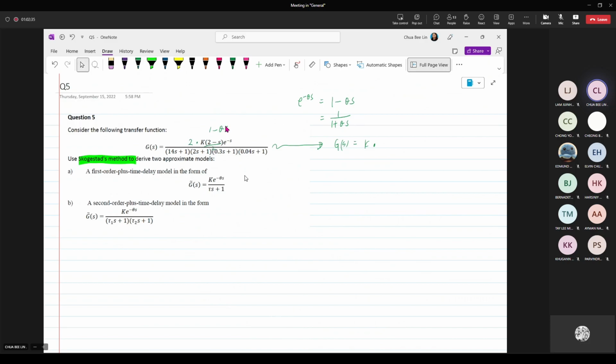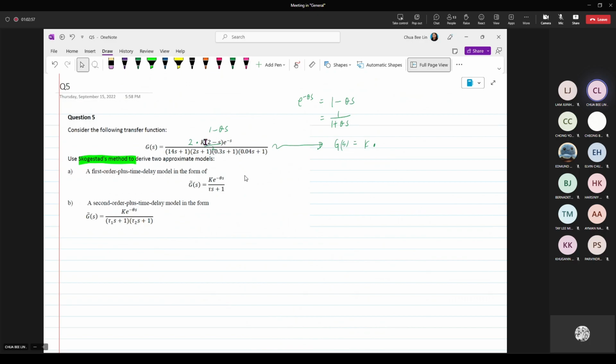So that you will get 1, 2 divided 2, you get 1. Then this one, 1 divided by 2, you will get 0.5s. So this will give you 1 minus 0.5s, then the whole thing multiplied with 2.